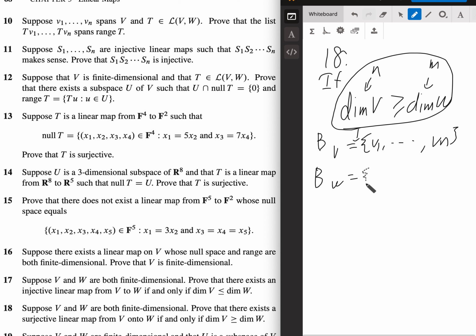It's probably not. So you want to construct the basis of V, from the vectors V1 through Vn, and the basis of W, W1 through Wm. And since N is greater than M, you can just cut the first M elements of V and map it like this, as usual. And that's your surjective map.